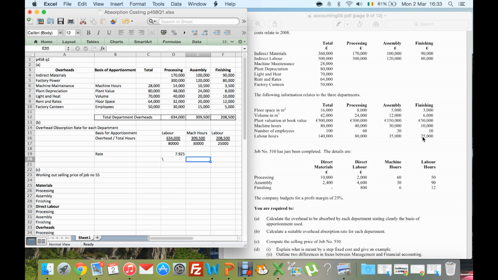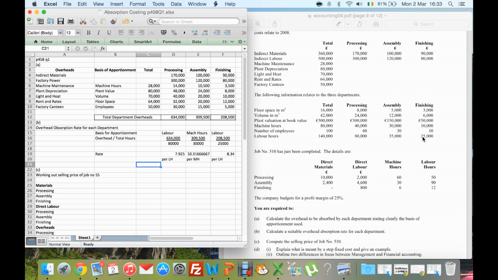And that's going to be per labour hour. So the next is machine errors divided by its total hours, and that's per machine hour. And then the last one, and that's per labour hour.